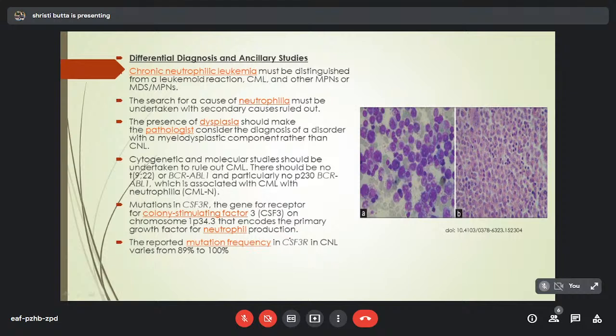It's nothing but the CSF3R. Okay, that is the colony stimulating factor 3 receptor. Now, cytogenetic and molecular studies should always rule out CML. There should not be any t(9;22) or BCR-ABL transcript, and particularly no p230 BCR-ABL transcript, because this p230 BCR-ABL transcript is often associated with neutrophilias.